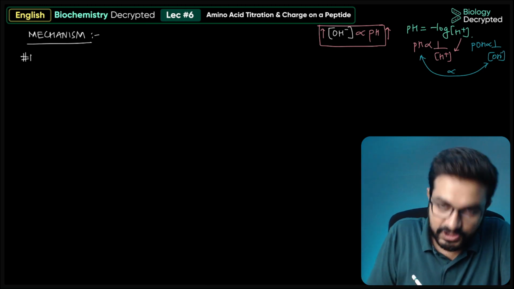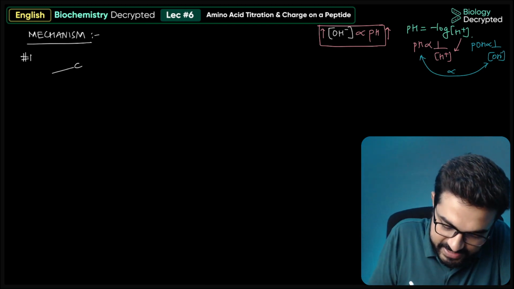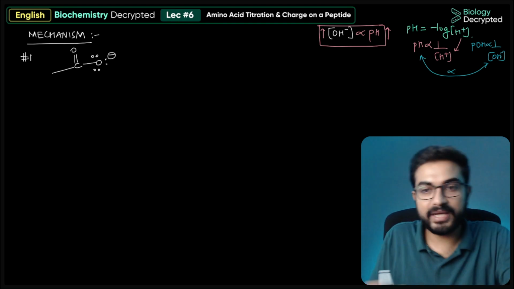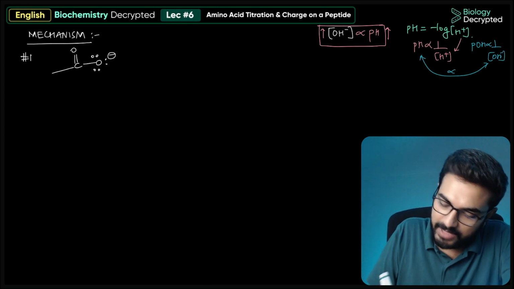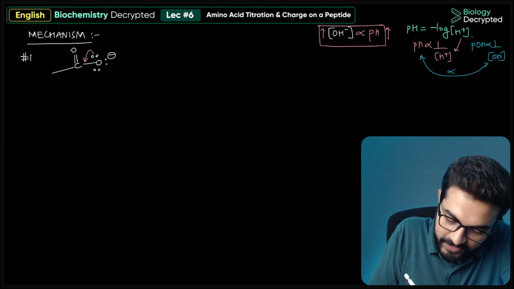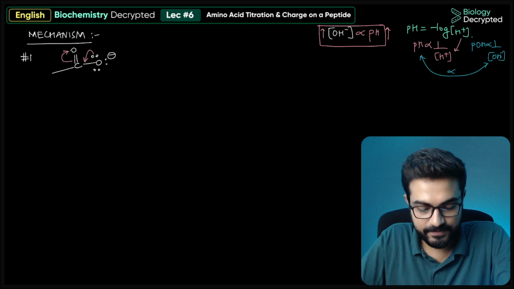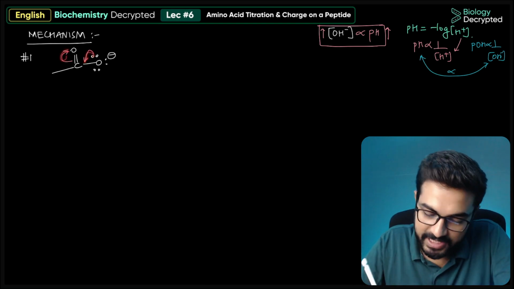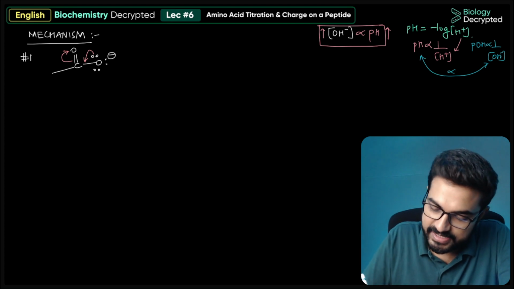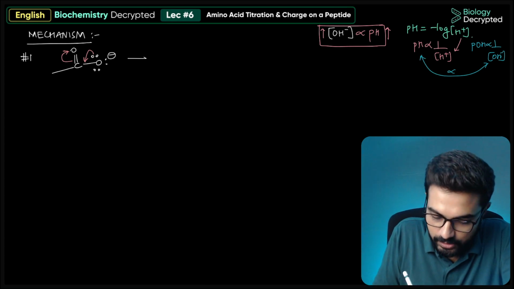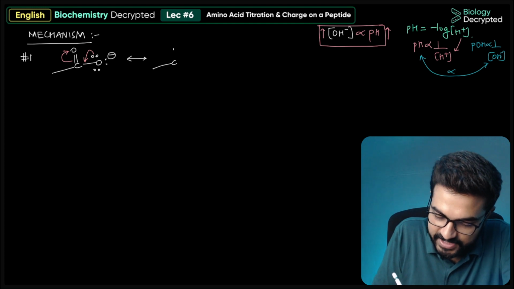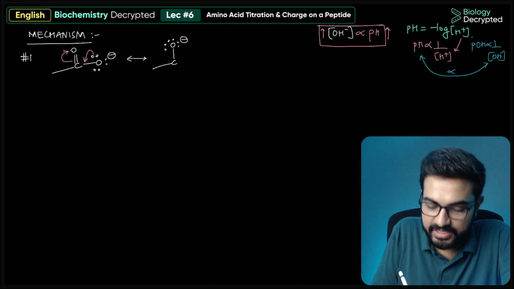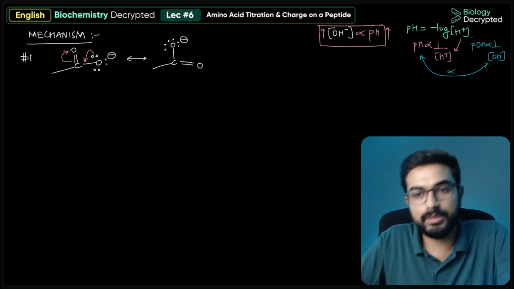Talking about the conjugate base, that is carboxylate, COO minus, there is a scope of resonance here. This electron will become a bond, and this bond will become an electron, and as a result you get the carboxylate ion. You get a resonance structure like this, COO minus, with a C double bond O here.